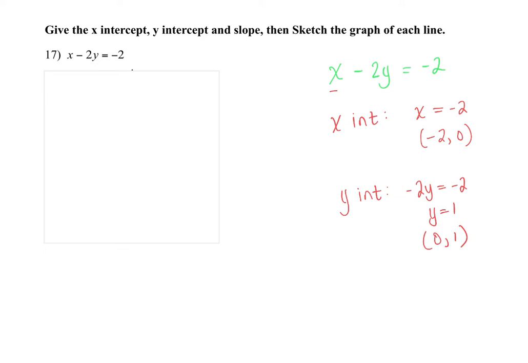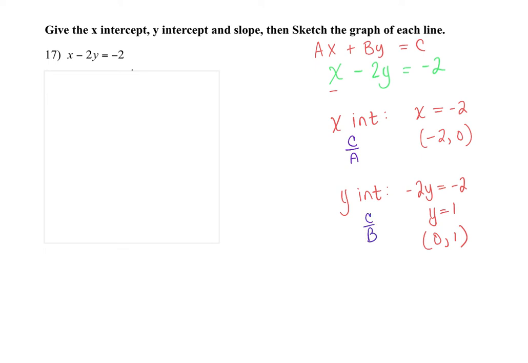My slope is always going to be my -a. So if this is ax plus by equals c, my x-intercept is always going to be c over a. My y-intercept is always going to be c over b.